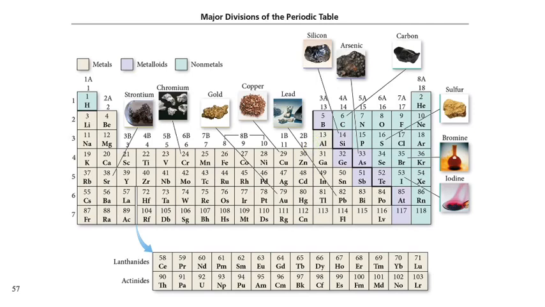So we have experience with aluminum. Aluminum pans, aluminum structures, right? Aluminum is a metal. So everything that's touching the line, call it a semi-metal, except for aluminum. There's polonium too, but it's not going to come up, so don't worry about him.